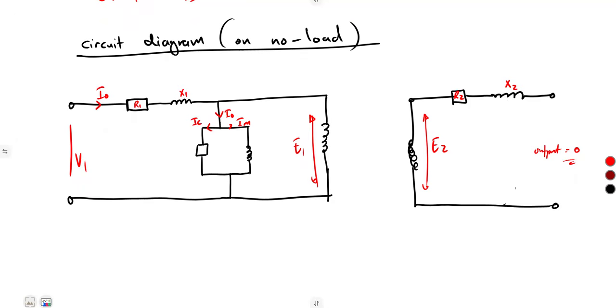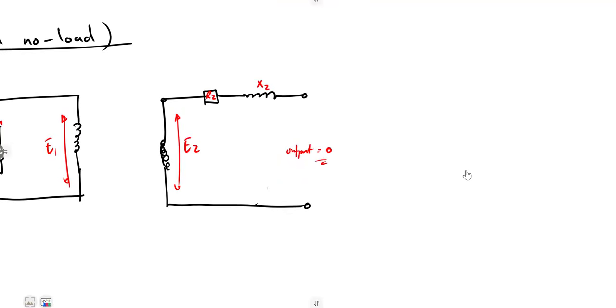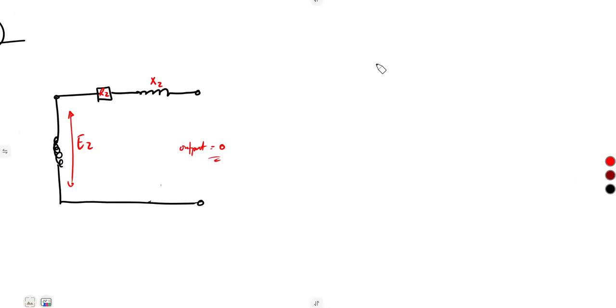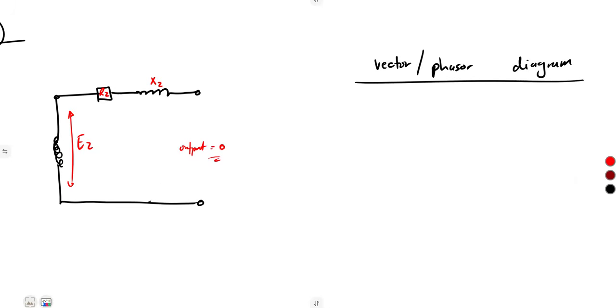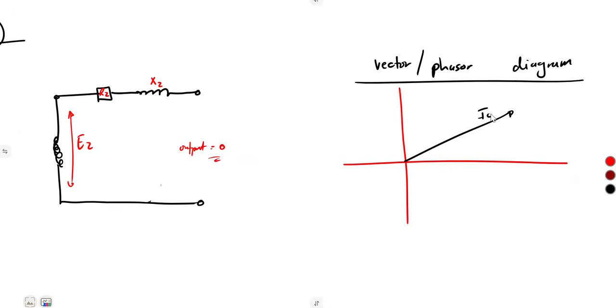So this gives us what we refer to as the vector or phasor diagram, because it is the phasor sum. The no load current is obtained from the magnetizing and the core loss.